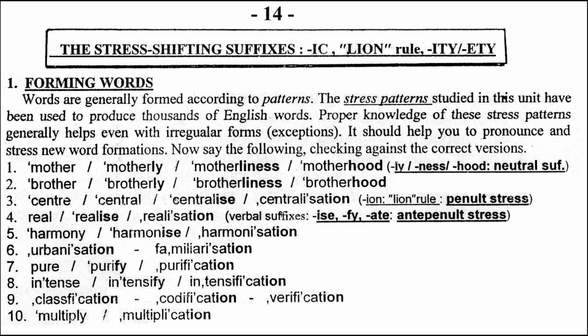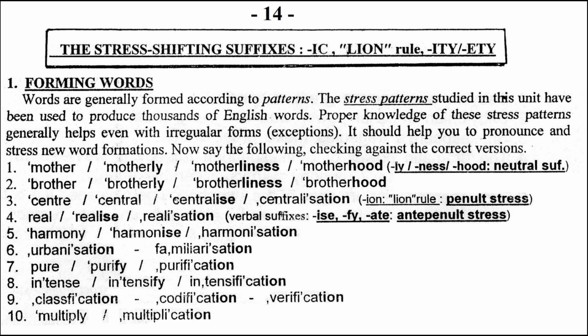How are we going to place it? We need a derivational rule. So we derive from the root. The root is harmonize or harmony. So the primary in the root is on ha. So we turn this primary to secondary in harmonization. So the secondary will fall on ha. Harmonization.